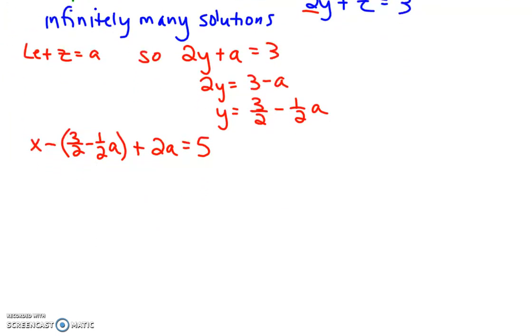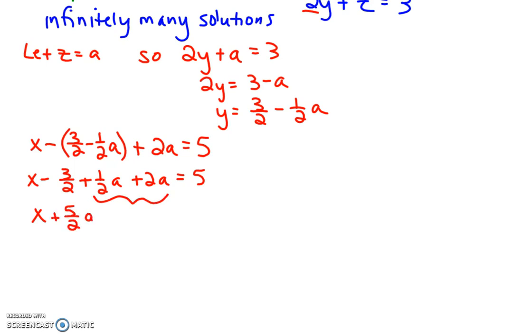Again, we just plugged in y and z into that first equation in the original problem. So x minus 3 halves plus 1 half a plus 2a equals 5. So if we add that 3 halves over and we combine these, we end up with 5 halves a there. And if we add that 3 halves over, we end up with 13 halves, because remember 5 halves is 10 halves, and then you add 3 to that.